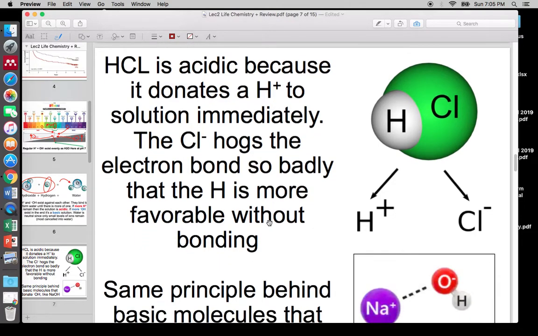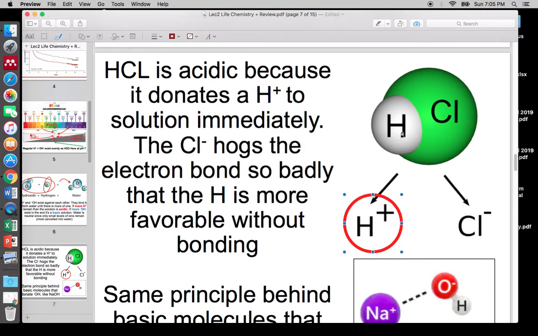So when we're talking about an acid, it's basically anything that immediately donates a proton, or this little H plus ion. Because remember, hydrogen only has one proton and one electron, and if you don't have that electron, you're just a positively charged proton. So you can call this an H ion, a hydrogen ion, you can call it a proton, it doesn't matter.